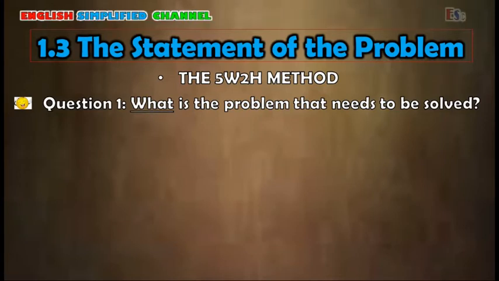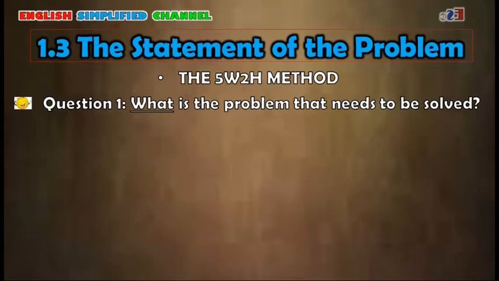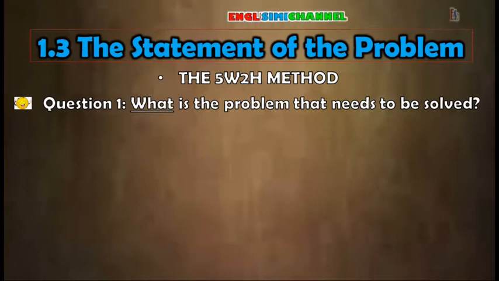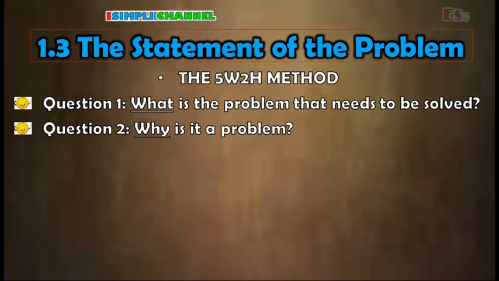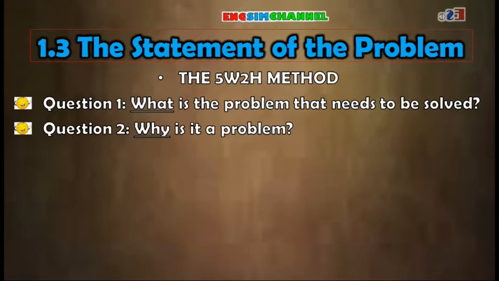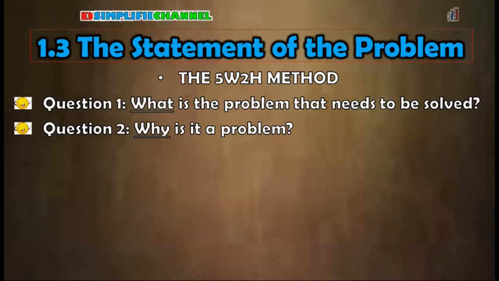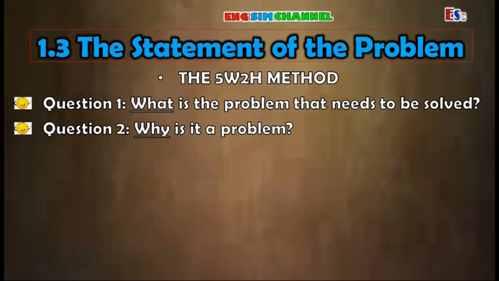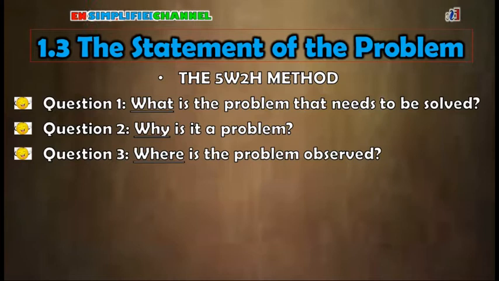So you need to write down what is the problem that needs to be solved. So what is your research proposal problem? And the second, why is it a problem? Just explain why. Do you think that it is a problem that needs to be solved or answered? And where is the problem observed?